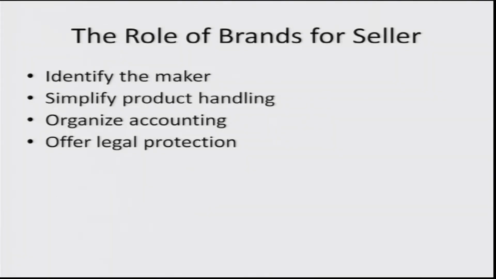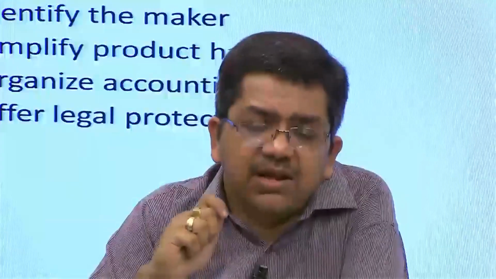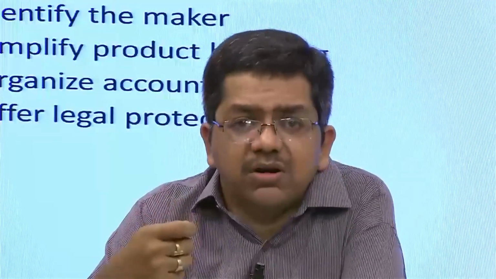Brands are very important to an organization because they also offer legal protection, so that anybody cannot just imitate your brand or a registered intellectual property, your logo or any other intellectual property. They provide a sort of legal protection, and safeguard you against such competitive imitation.